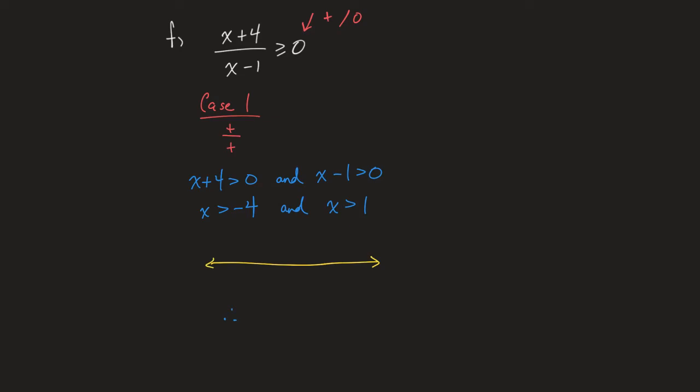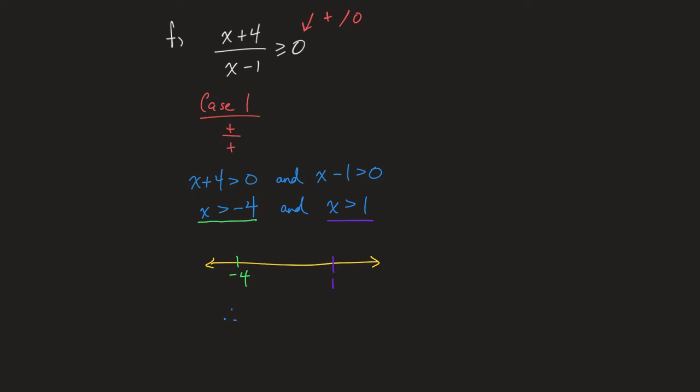And what I'm going to do is graph my solution to x is greater than negative 4 in green. I'm going to graph my solution to x is greater than 1 in purple. But I'm going to put them both on the same number line. Okay, in green then, negative 4 would be down here somewhere, relative to 1.